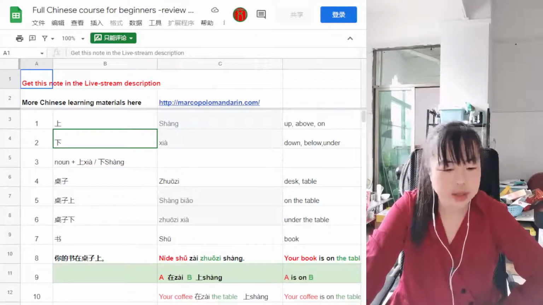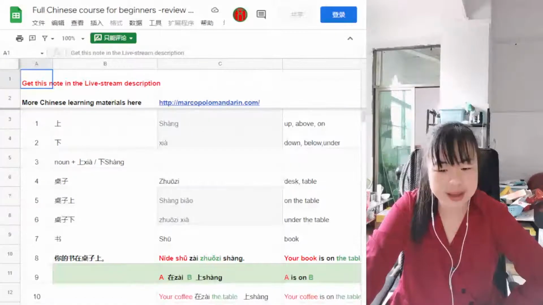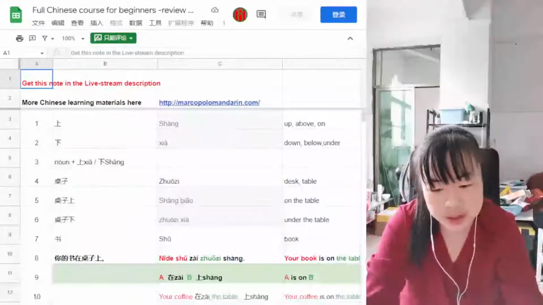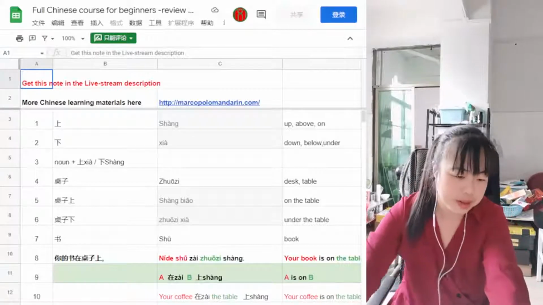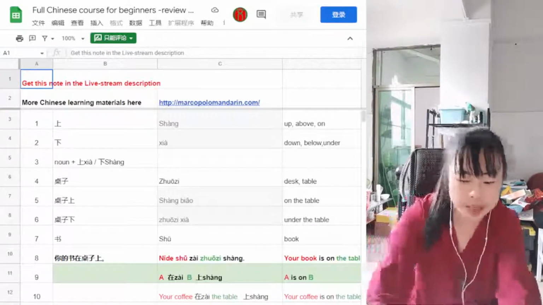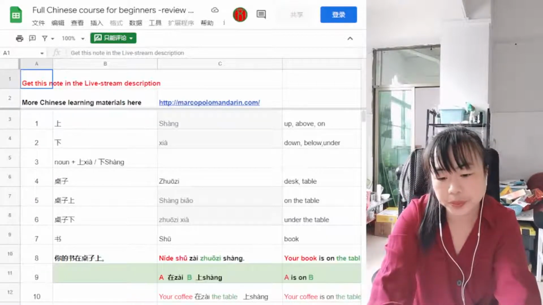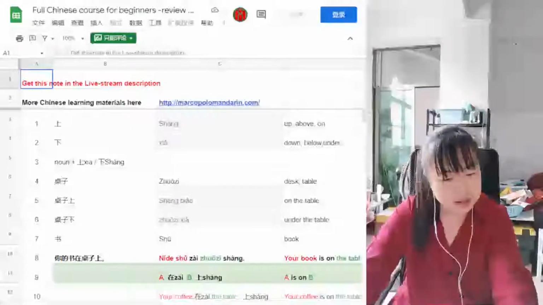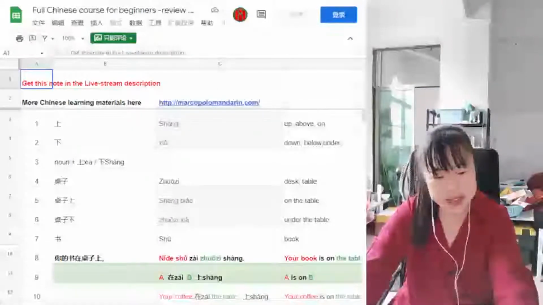And now we are going to do the 前, which means front, forward, and 后, which means back, behind. Okay, so the pattern is the same. So let's copy and paste here.